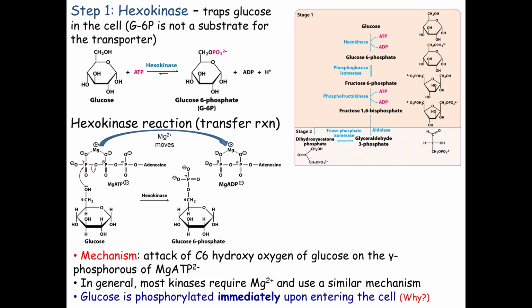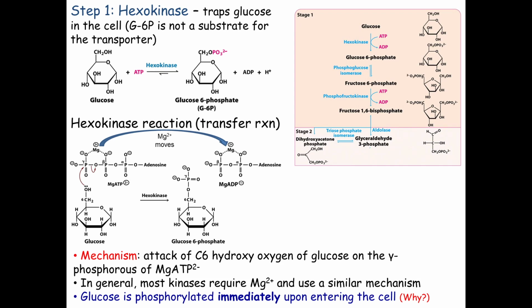So if a glucose is inside the cell, it's very unlikely to cross the membrane and leave. It's not a small molecule, it's very polar, right? But if I put a phosphate on it, it's infinitely less likely to leave, right? It's not going to, because it now has a larger structure, it's even more polar, and in fact it's charged, right? So that's never going to leave the cell on its own. So we're kind of keeping the glucose in the cell for later.